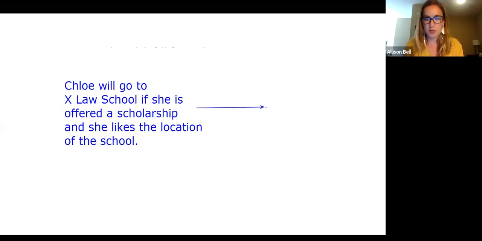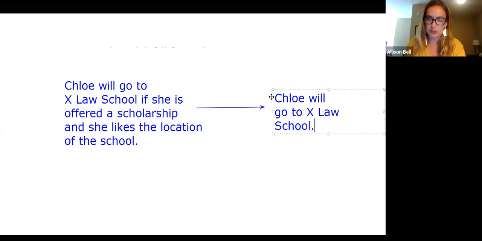And so then that's our premise, that's the support in our argument. And then our conclusion is Chloe will go to X law school, X being the same law school from the premise.